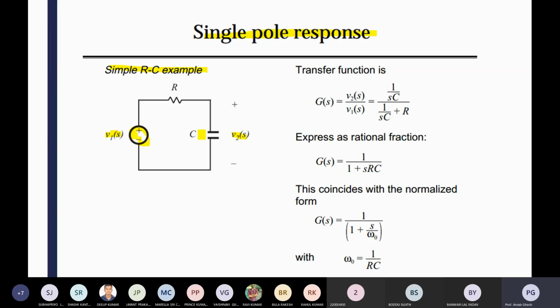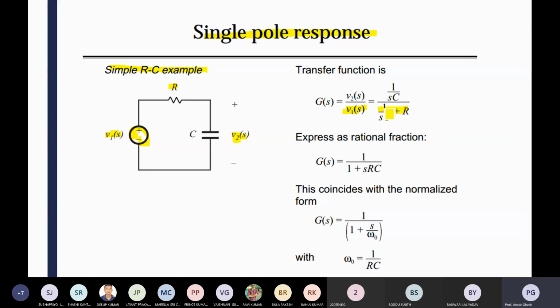The current is C dVc/dt. Making it a Laplace transformation, you get sC. dV/dt becomes sV2, which you can get directly. For the expression of V1, you can use KVL: V1 equals IC times R, so sC Vc times R, plus the other voltage, which is V2.